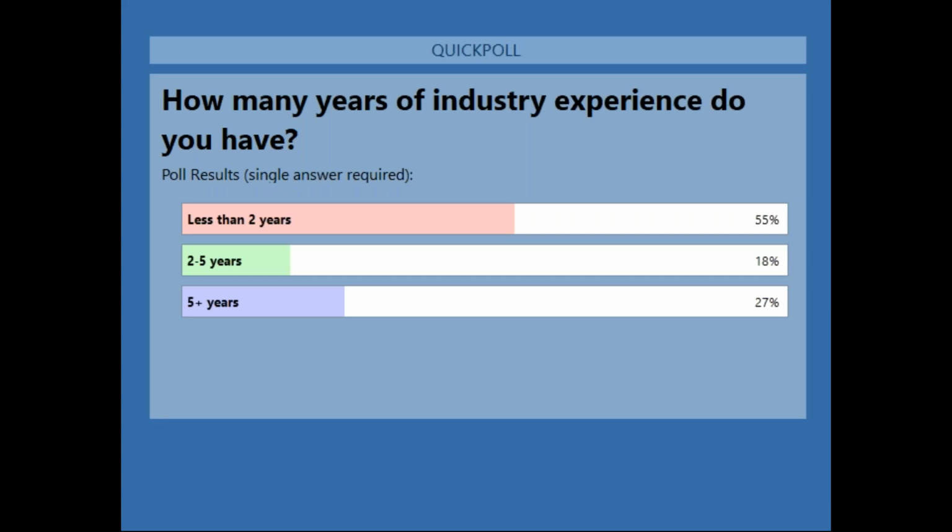So 55% have less than 2 years of experience, around 18% belong to the 2 to 5 years category, and the rest 27% audience is from 5+ years of experience.